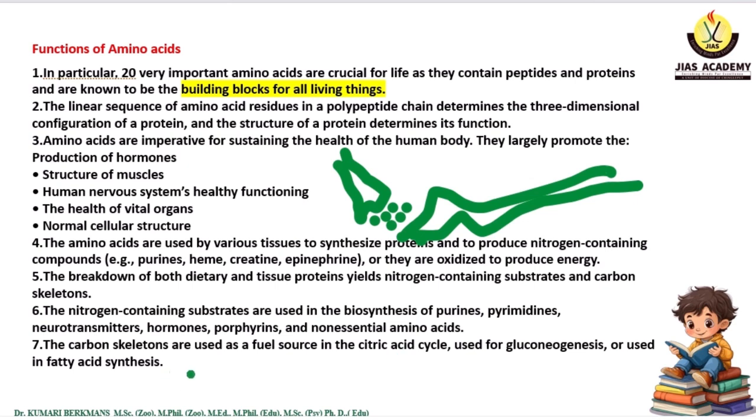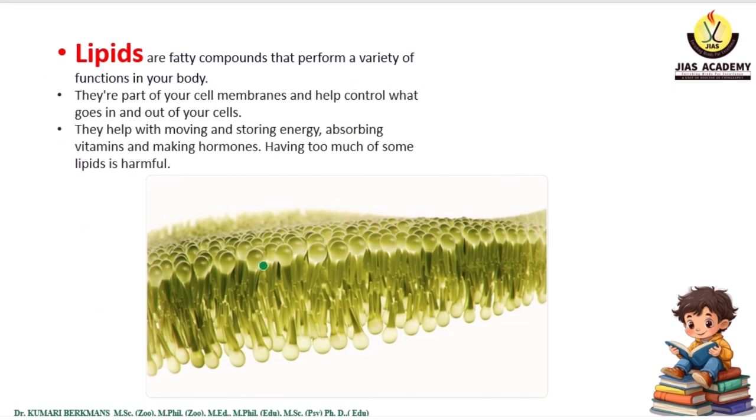Next point is the carbon skeletons are used as a fuel source in the citric acid cycle, used for gluconeogenesis or used in fatty acid synthesis. See, lipids are very, very important compounds that perform a variety of functions in our body. They are part of our cell membrane. What you are seeing is the bilayer of a phospholipid.